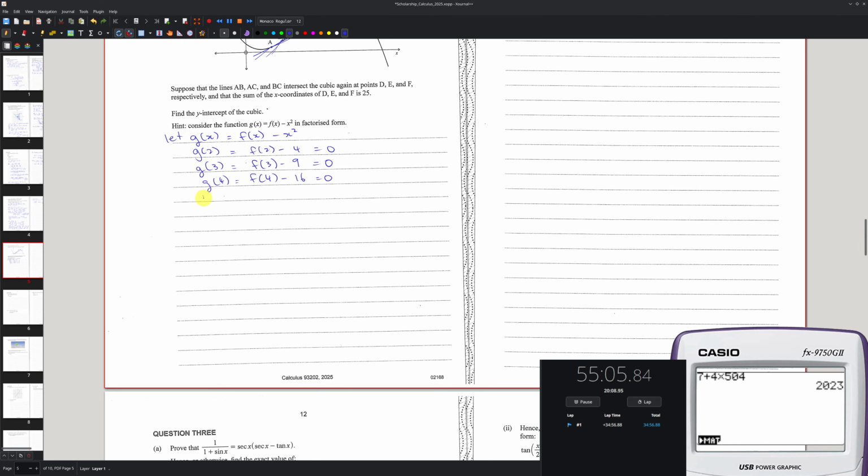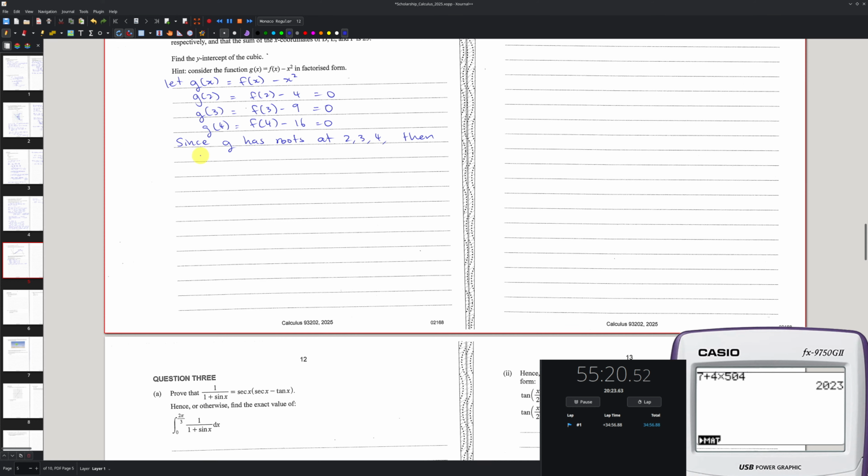So g of x, since g has roots at 2, 3, and 4, then x minus 2, x minus 3, x minus 4 divide g, but g is cubic, so these are the only non-constant factors.